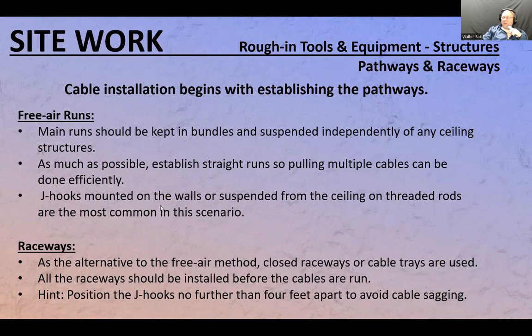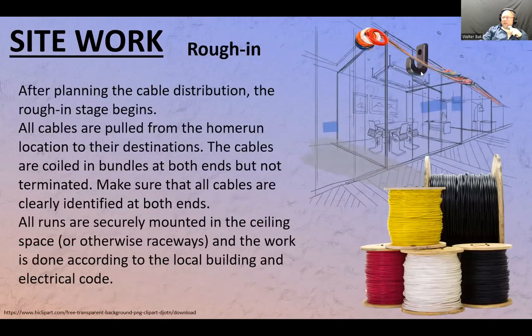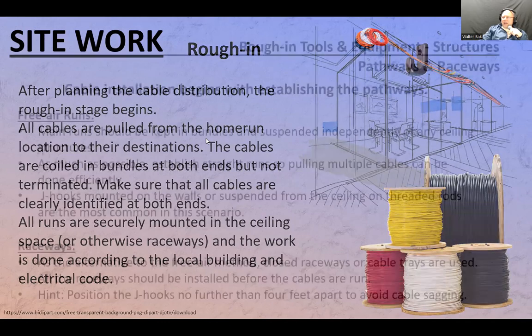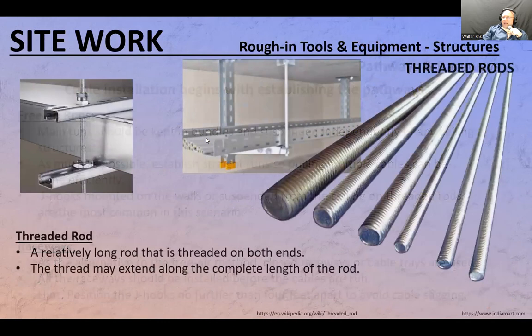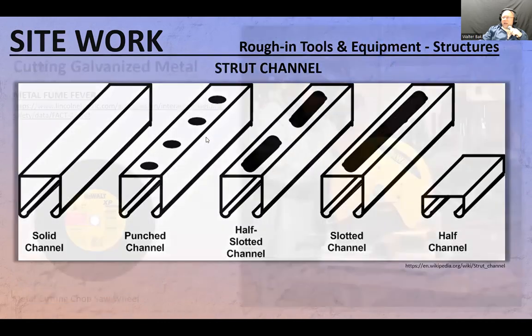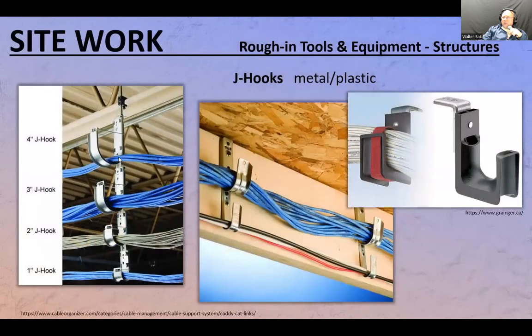Again, J hooks mounted on the walls or suspended from the ceiling on the threaded rods are the most common in this scenario, considering data. That's a J hook right here. I just kind of slapped picture on picture here, just kind of like a symbolic J hook. That's what J hooks look like.